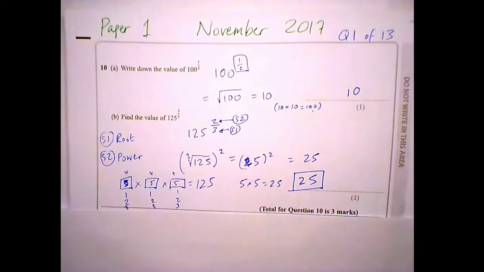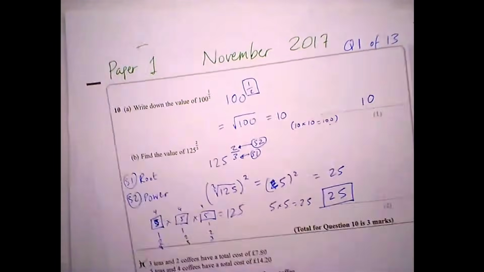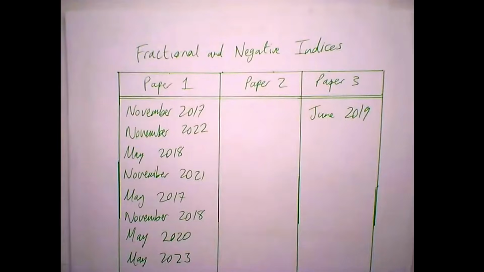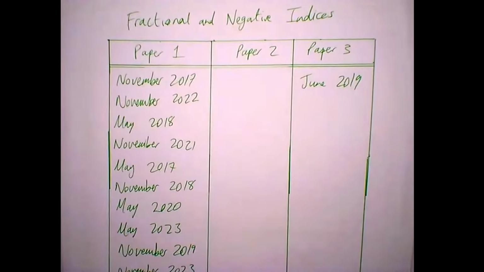Okay, nice, easy start to the exam. So this is our first question. I've done an analysis on this topic, and you can see here how often this occurs in exams.